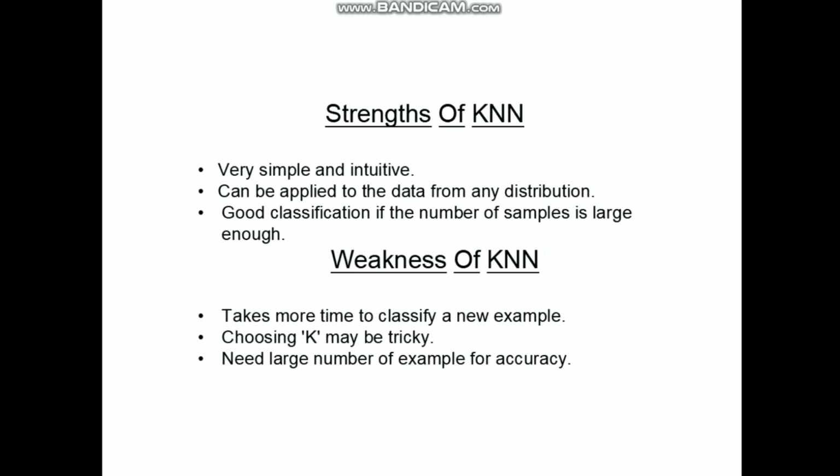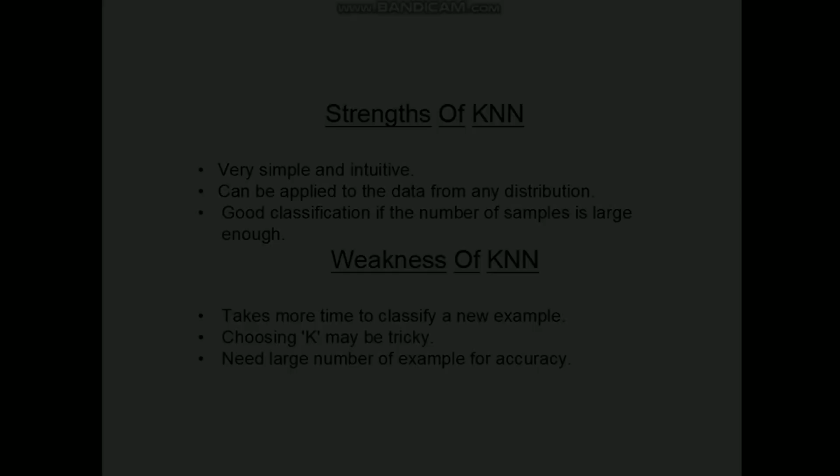Choosing K is sometimes tricky, which means you might take wrong values of K. It gives high accuracy when the number of examples is large.